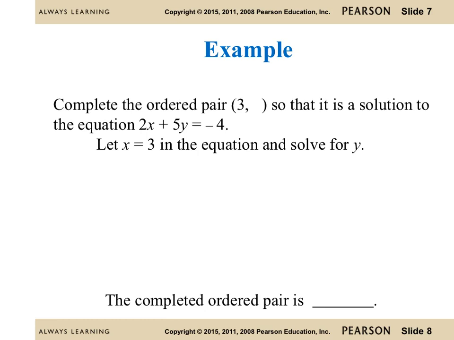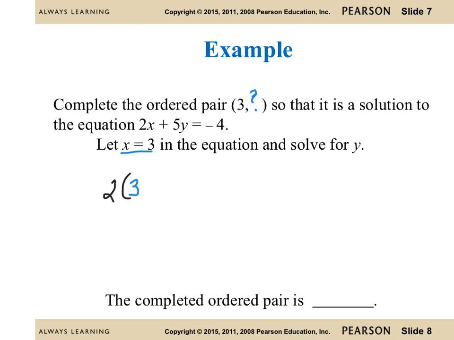So here we have the ordered pair 3, something. We don't know the second coordinate. But the equation is 2x plus 5y equals -4. That means we're going to let x be 3 in the equation that we have.